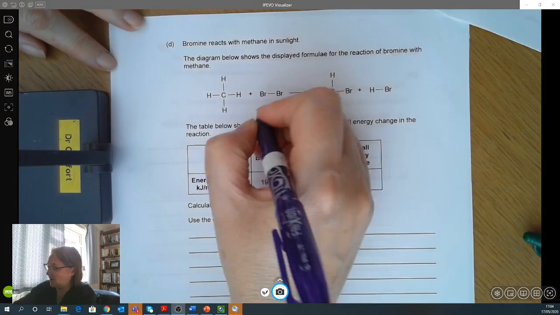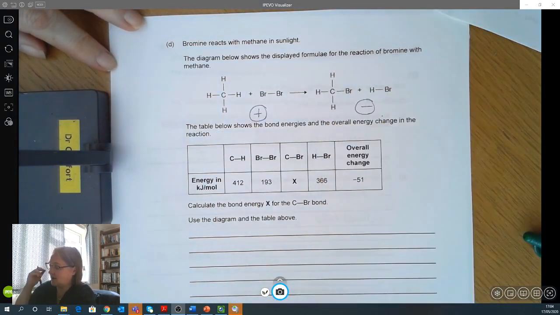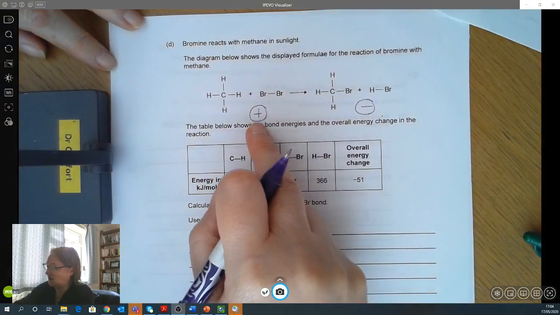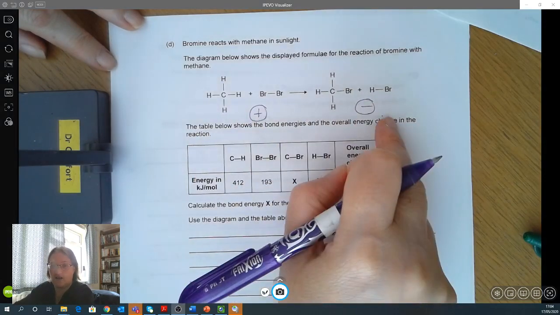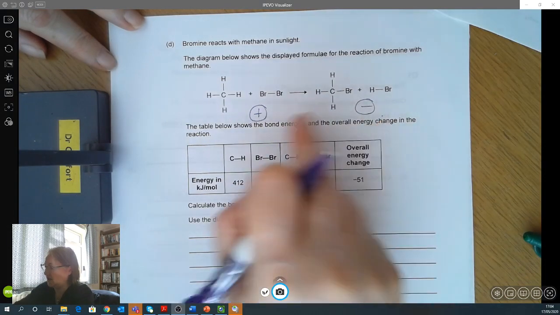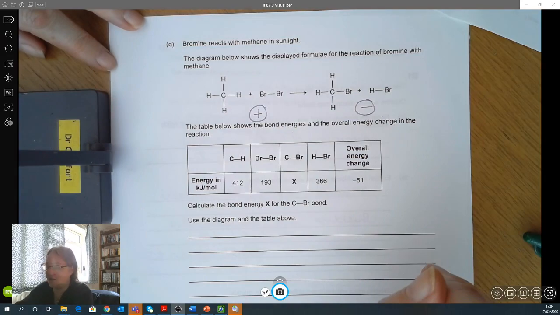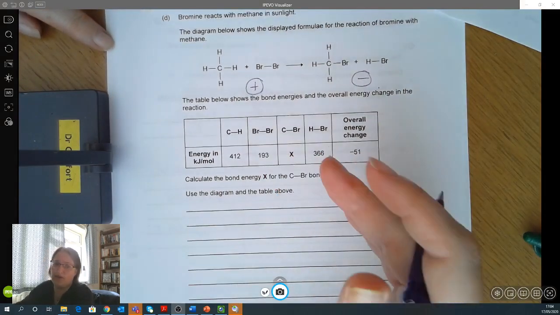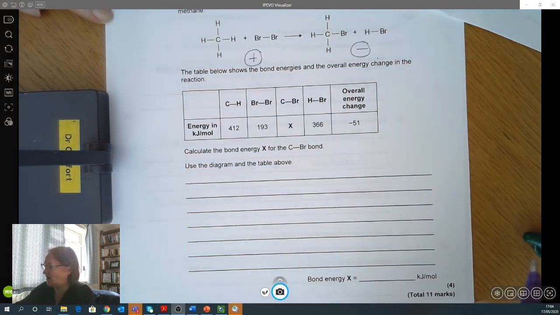First thing I always do is put my plus and minus just to remind myself whether the reaction gains or loses energy on each side. So on this side, energy is going to go in, it's going to gain energy. On this side, energy is going to come out, it's going to lose energy. So therefore, I know which sign to use on each side of the equation. I saw a lot of you laying these out beautifully in your work, so that's great.